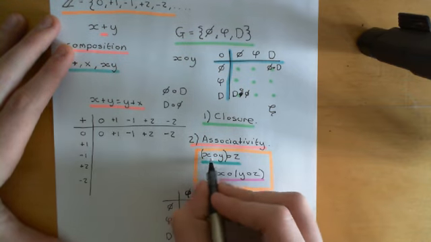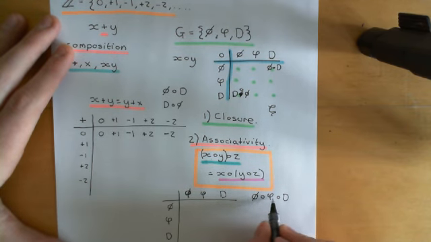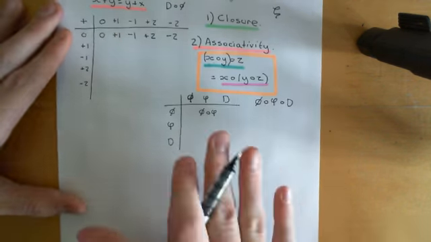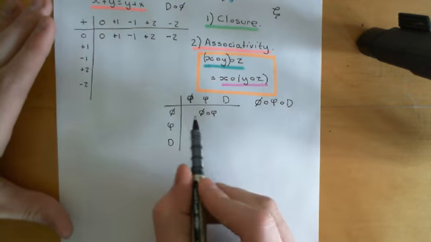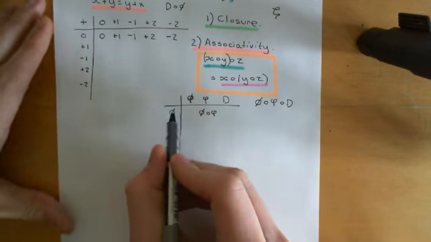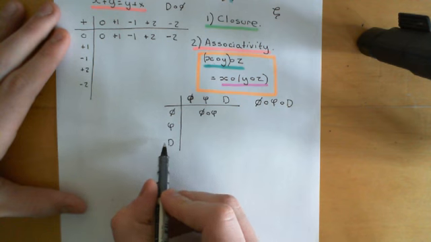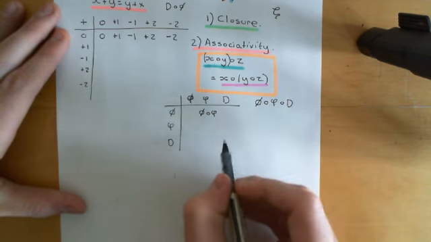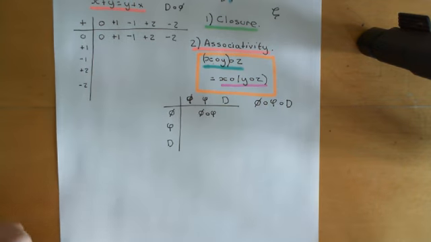If I did it the first way, then what I firstly need to do is take capital phi composed with little phi. So I get this answer here, and then whatever that answer is, which I don't know, I could define it to be whatever I want, because I'm creating this composition table. You could create that to be whatever you like, but it will be one of these answers, and then you'll take whatever that answer is and compose it with D to get one of the entries down here.